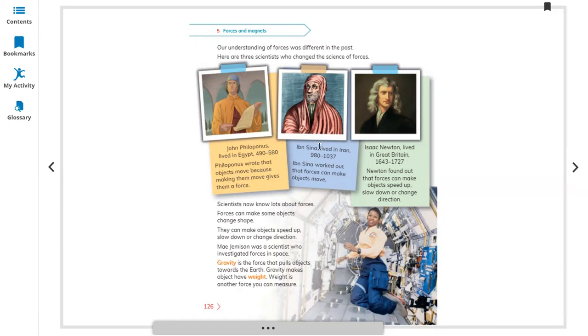And what about Ibn Sina? Ibn Sina worked out that forces can make objects move. For example, if you are touching or putting your force on some kind of object, obviously it doesn't stay in that place. It moves from one place to another. It also depends on what kind of force you're using and how much force you are using.